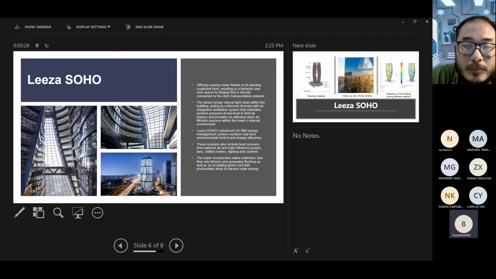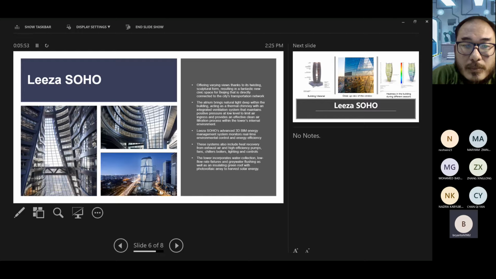Lisa Soho's advanced 3D beam energy management system monitors real-time environmental control and energy efficiency. This system also includes heat recovery from exhaust air, and high-efficiency pumps, fans, chillers, boilers, lighting, and controls.